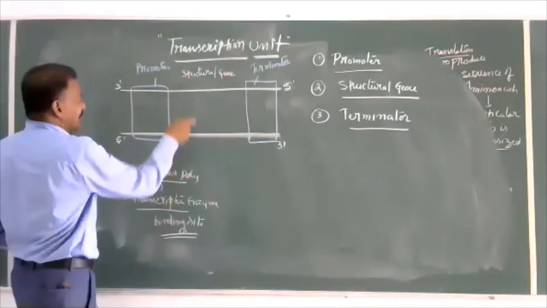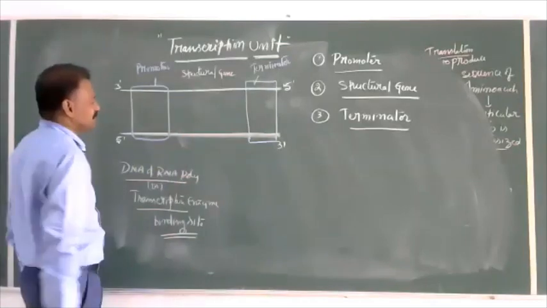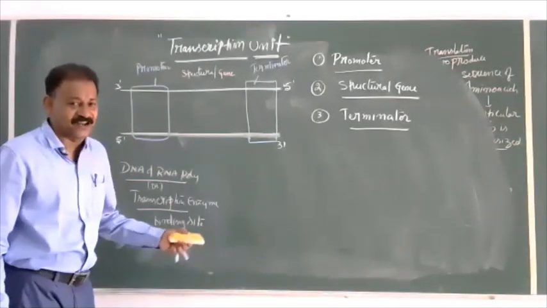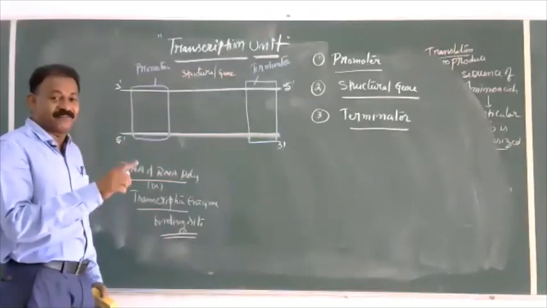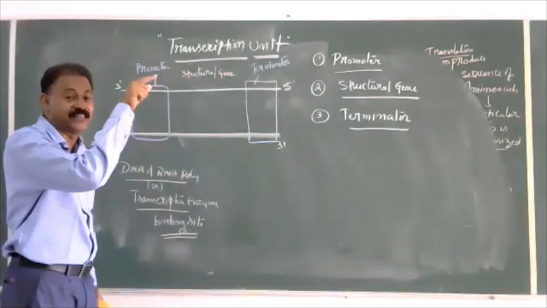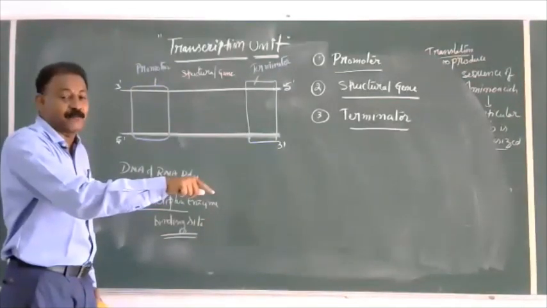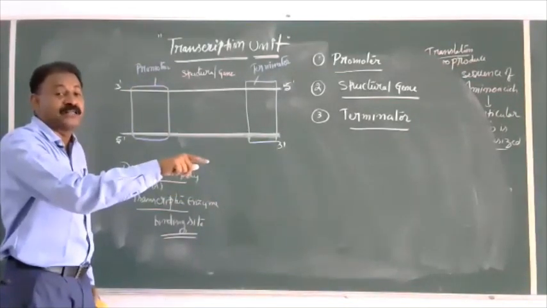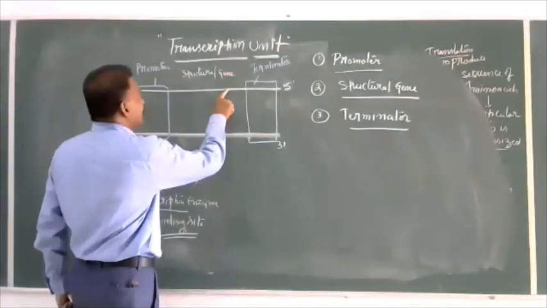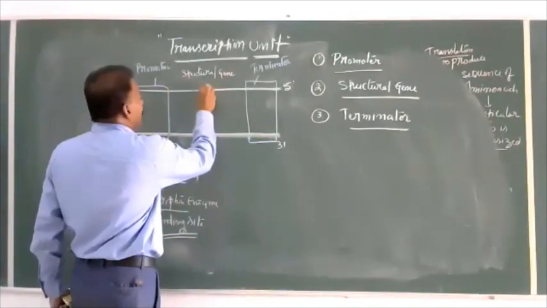And out of the two strands, only one strand is involved in the process of transcription. So whenever a single strand is involved, that strand which is involving in the transcription copying mechanism is called template strand. So the template strand always having 3' to 5' polarity.